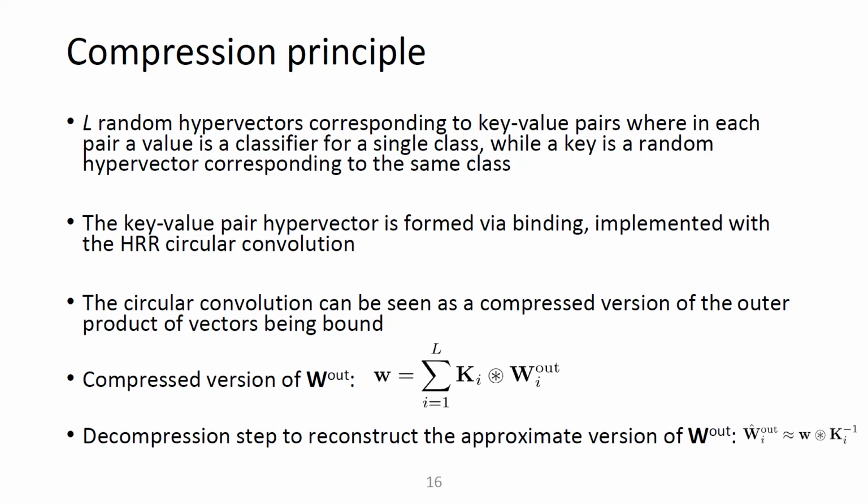This is much smaller than the actual classifier for the single RVFL, and that's the advantage: we can have a decompression step after the agents communicate their own classifier, to reconstruct the approximate version of the W out that was sent.